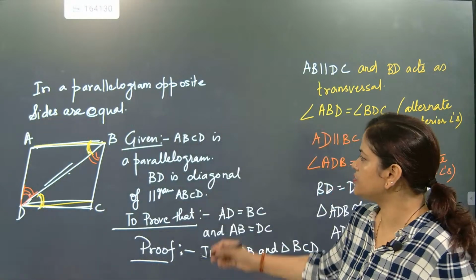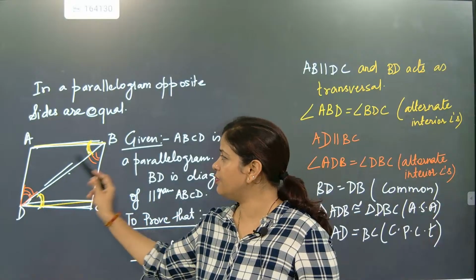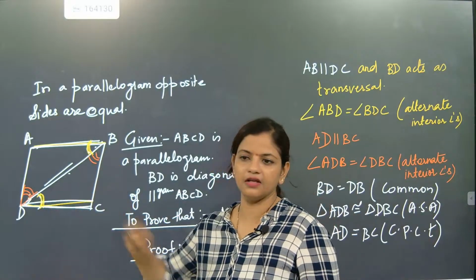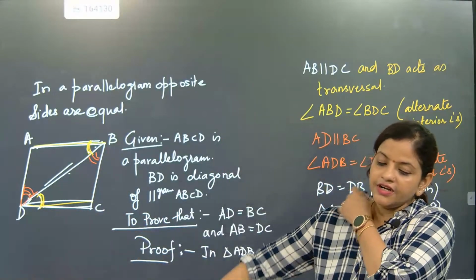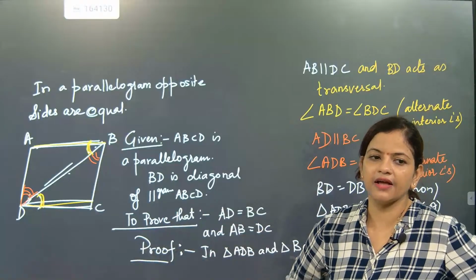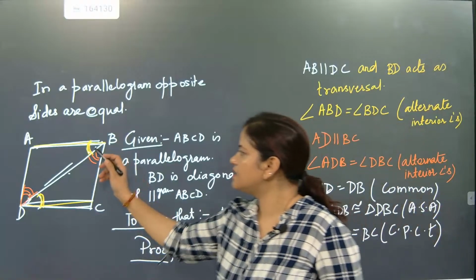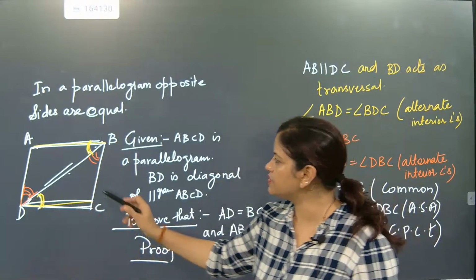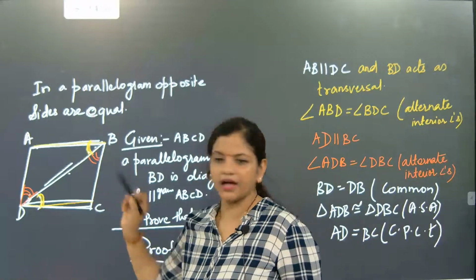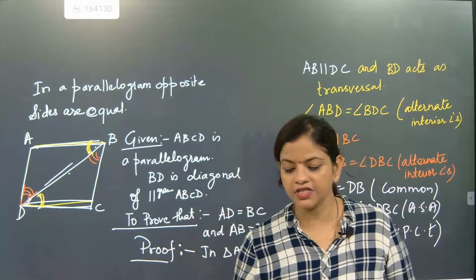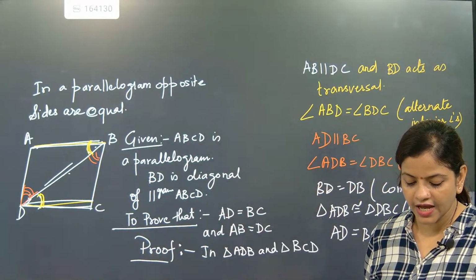See here now, consecutive will be there. Angle, side, angle. Are you understanding? It is coming as angle, side, angle. This side also you see angle, side, angle. Got it? From both sides it is exactly coming as angle, side, angle.